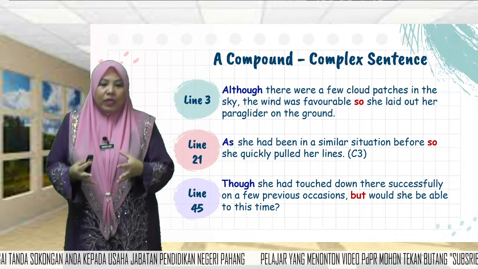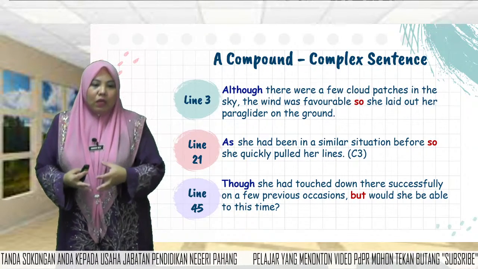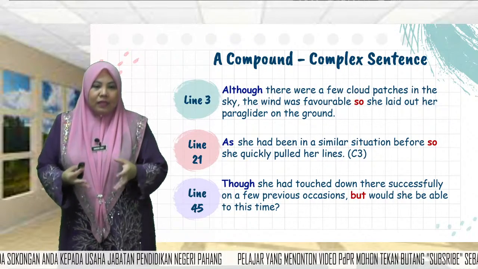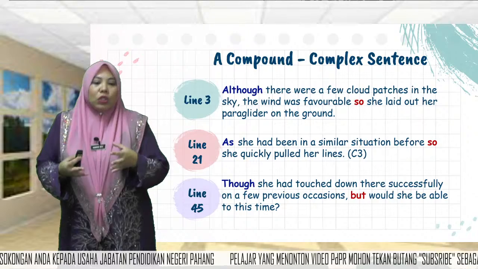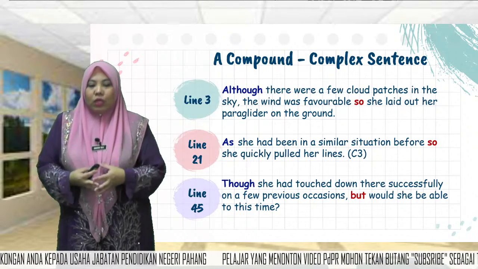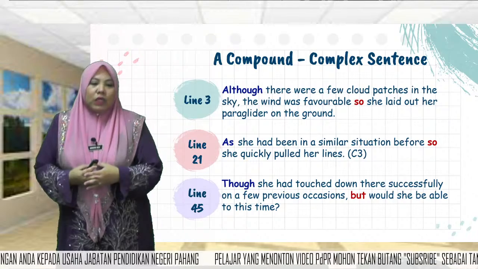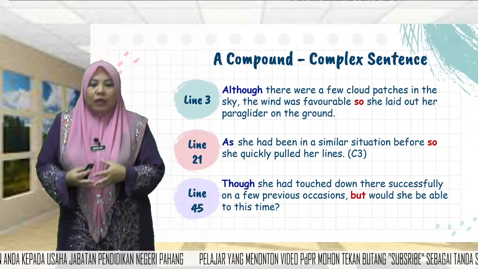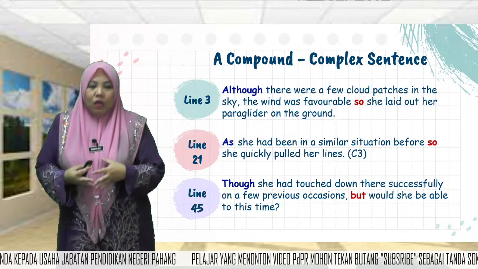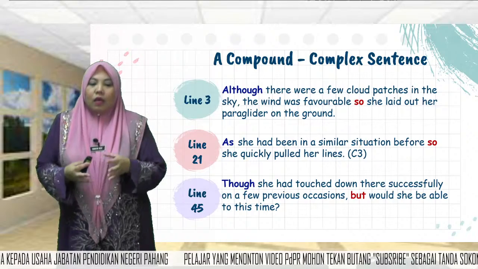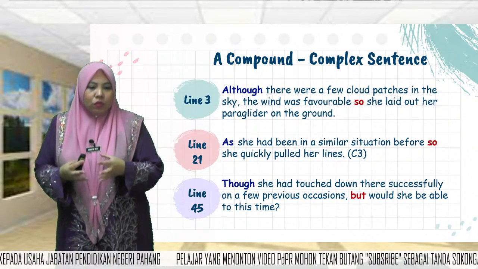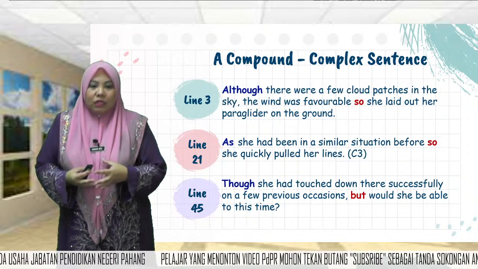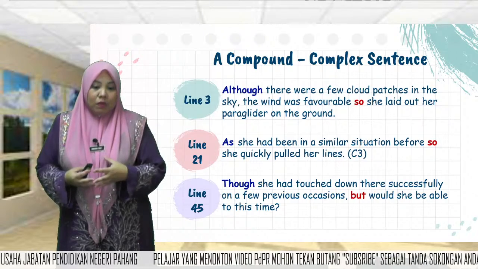So that is a coordinating conjunction: she laid out her paraglider on the ground. Next, we have line 21, as, that would be subordinate: she had been in a similar situation before, so she quickly pulled her lines. And the final one: though she had touched down there successfully on a few previous occasions, but would she be able to this time? So you have a few examples of sentence structures in your essay or in your summary.